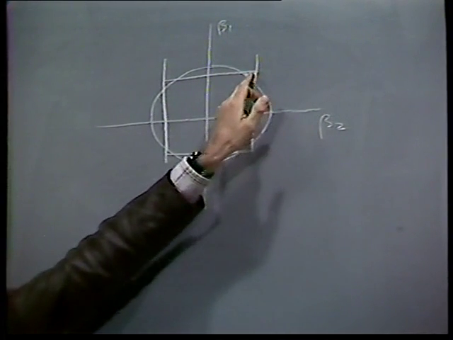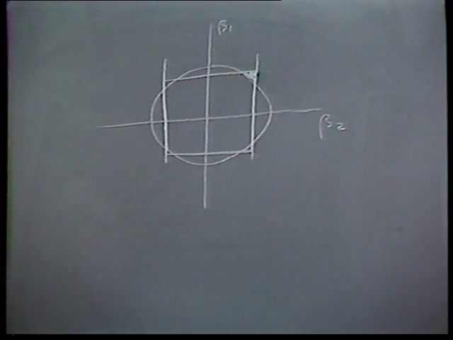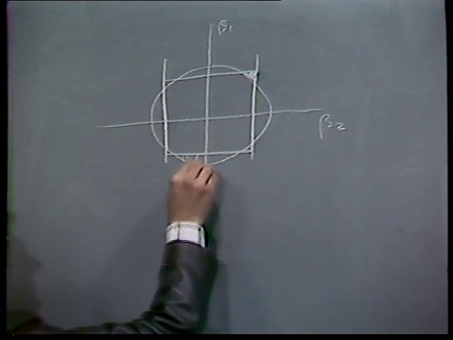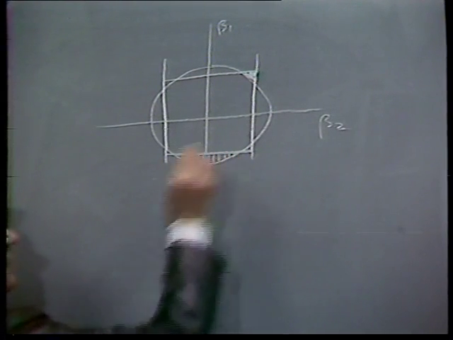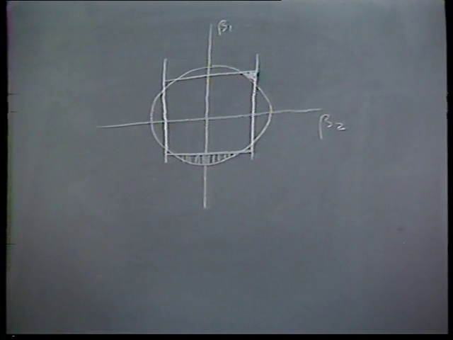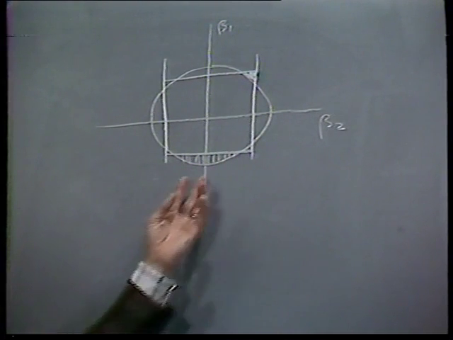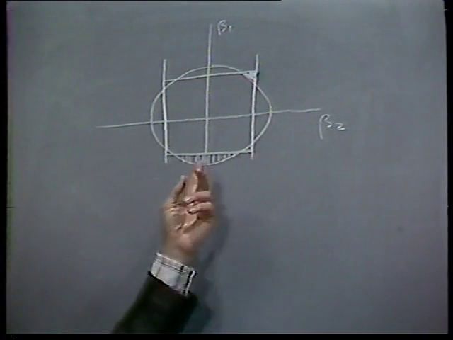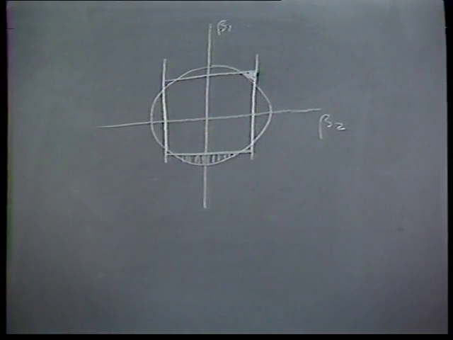So that if we were in that region of the parameter space, the F-test would reject H0, and either of the sequential tests would not reject. Alternatively, if we're in a region like that, we would find that the F-test would not reject H0, and yet the sequential test would reject H0.